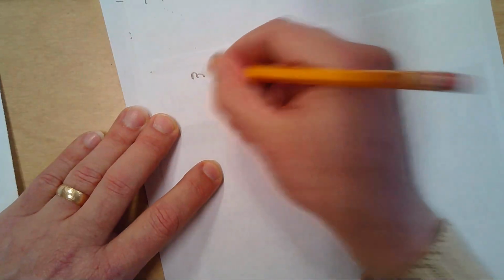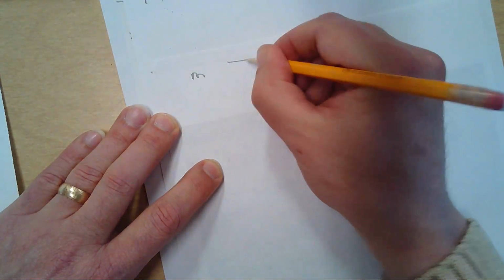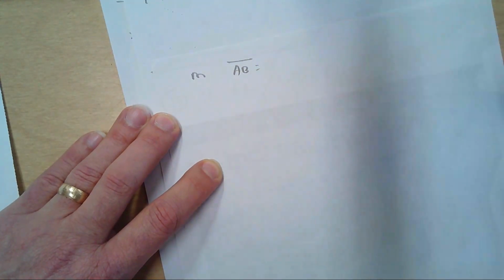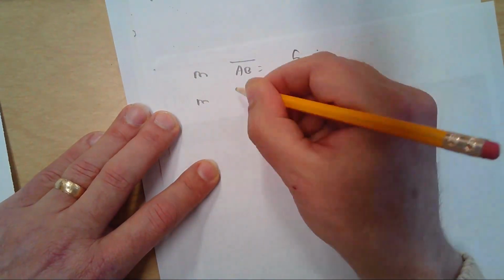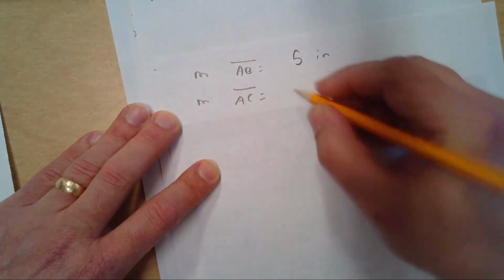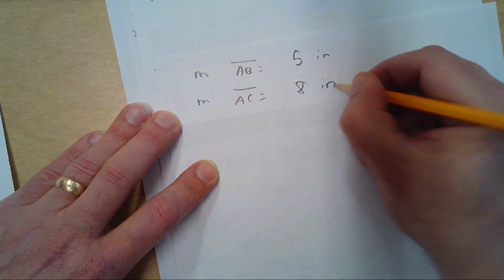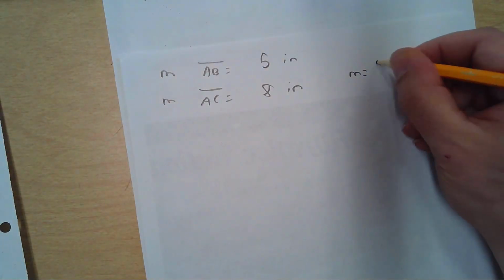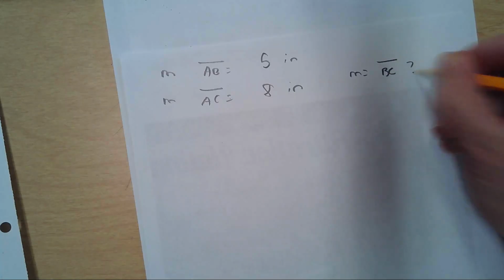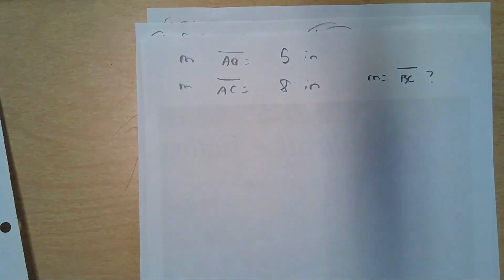I'll just do what they do: AB, I'll say 5 inches, and the measurement of AC is 8 inches. So my question to you would be, what about BC? And there's 2 different things going on here.